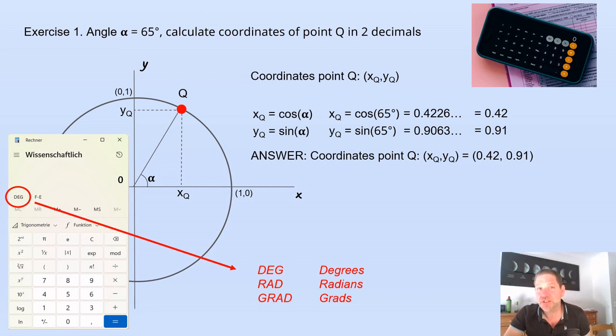Similarly, for the yQ, it's almost 1 on the y-axis. So the answer 0.91 is probably also correct. Very important to always check visually if your answers make sense. If you, for instance, have a y coordinate of 17, then you very likely have made a miscalculation.